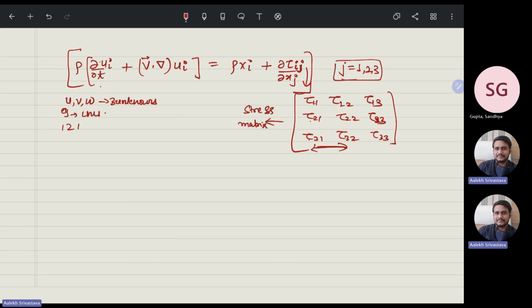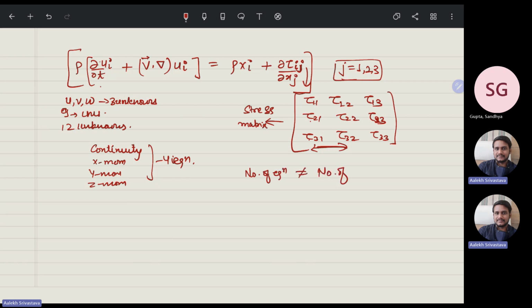So we have a total of 12 unknowns, and we have only 4 equations, that is continuity, x momentum, y momentum, and z momentum. As you know, you cannot solve any problem if your number of equations is not equal to the number of unknowns.